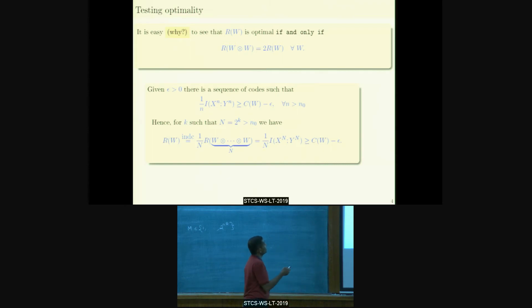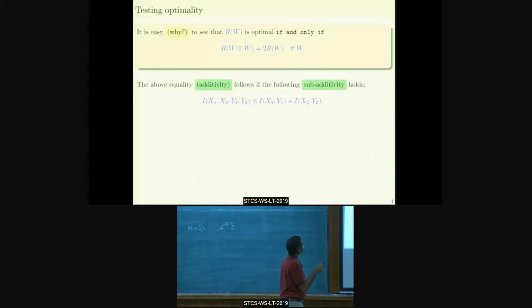So R of W is bigger than C of W minus epsilon for any positive epsilon, therefore R of W must be C of W. That's the argument. So in most cases, using Fano's inequality, we will have the limiting expression be true. So really, all you need to check is whether the one letter, what I call one letter, is equal to 2 letters. So that scales.